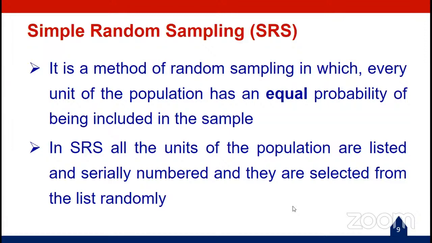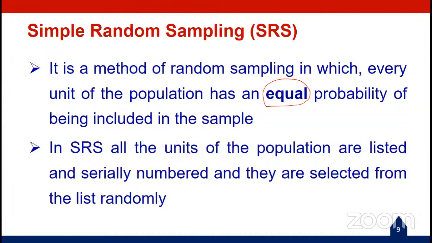This simple random sampling method gives equal probability to all the sampling units to be selected in the sample. In simple random sampling, we need to serially list or serially number all the sampling units, and we need to select them.